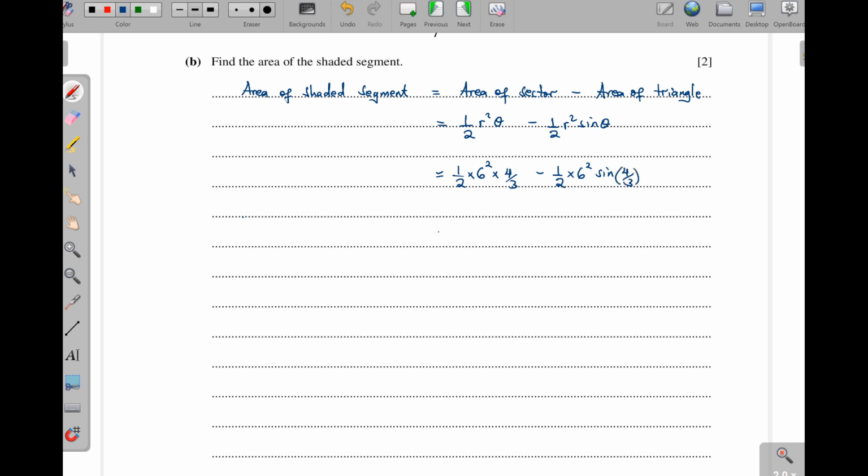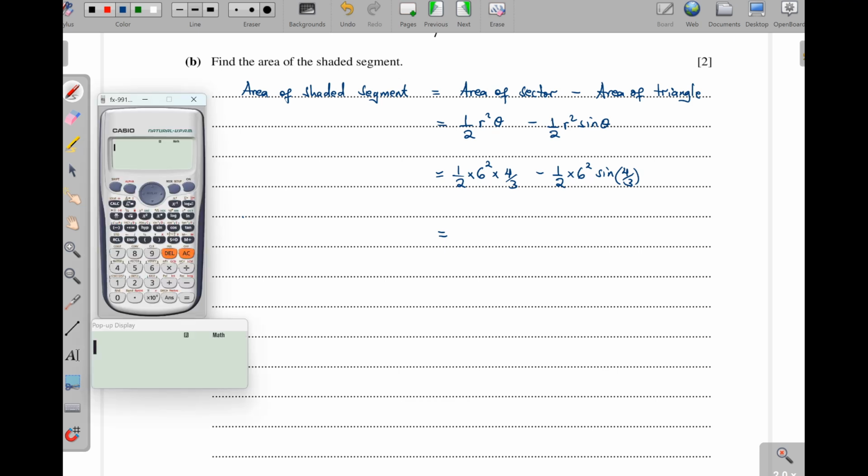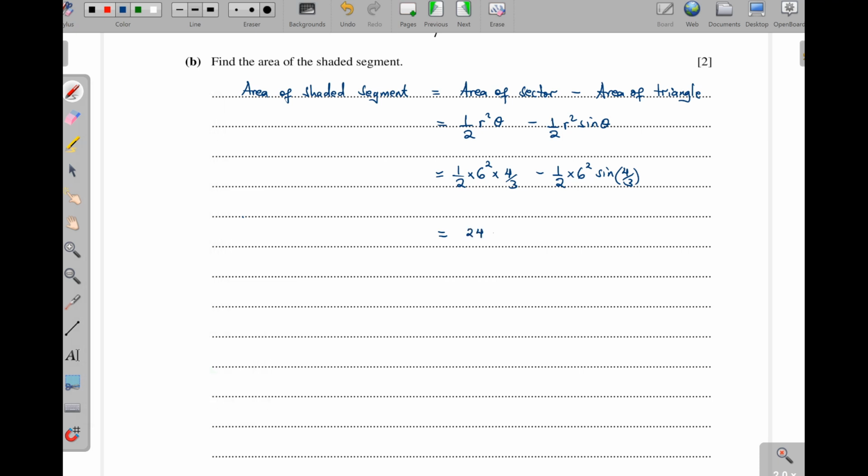So when we put this in the calculator, 6 squared is 36. So 36 then times 4, then we shall divide by 6, because 2 times 3 is 6. That will be 24. Let me write 24, then minus, this will be 36 divided by 2, that is 18, then sine of 4 over 3.